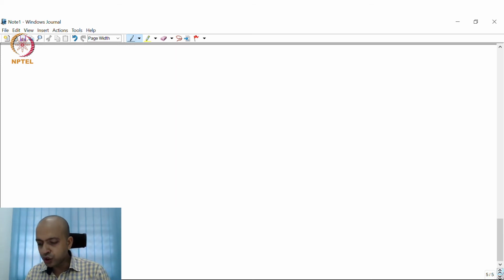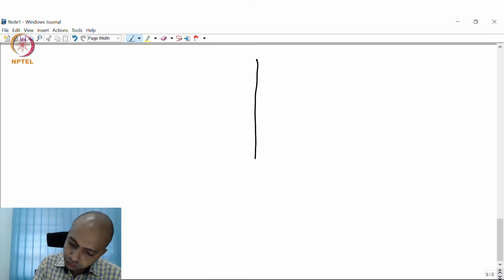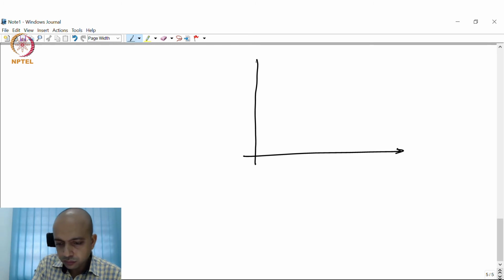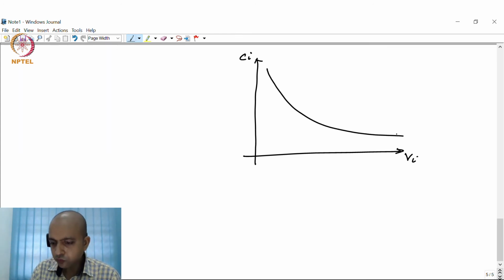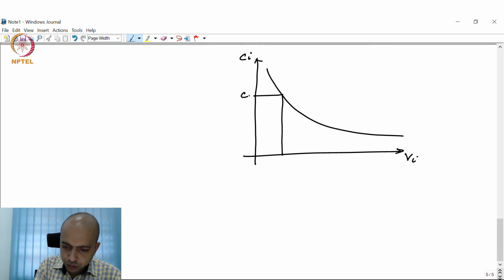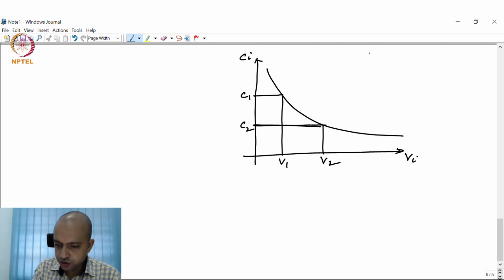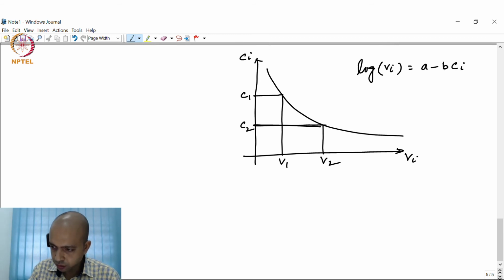To understand this, we will draw the simple diagram once again. So when the cost is C1, this is V1, and our function is log of Vi equals A minus beta into Ci.